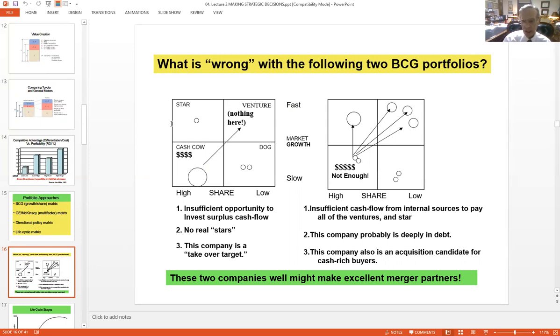So that product, that business generates free cash flow. And as you can see in the diagram on the left, this business has a large product line that generates a lot of free cash flow.